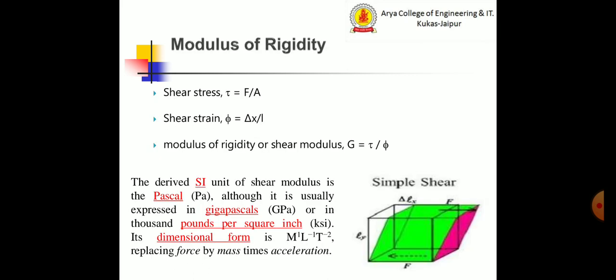In the previous slide we have studied that the modulus of rigidity, or the shear modulus, is equal to tau upon phi. Here we have the shear modulus, and we have to find phi. Tau is equal to force upon area.